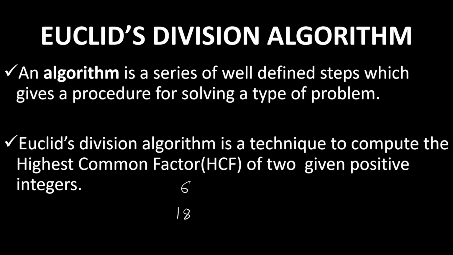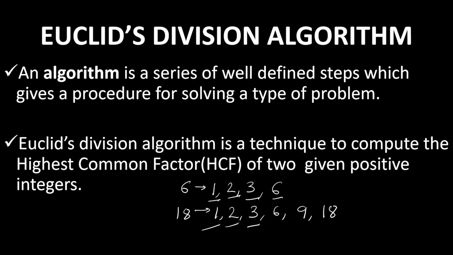What are the factors of 6? They are 1, 2, 3 and 6. What are the factors of 18 now? 1, 2, 3, 6, 9 and 18. Correct? Now what are the common factors of both of them? 1, 2, 3 and 6.